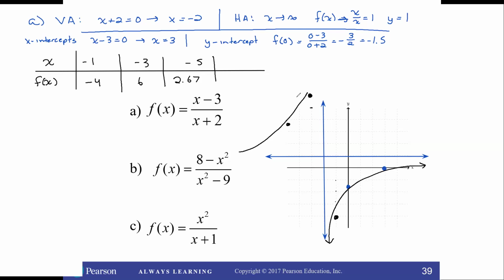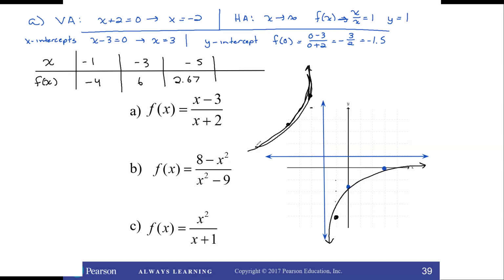And the other side should look roughly something like this. Sorry, I'm having a hard time controlling this. We'll pretend we hit the point. So that is what A would look like.